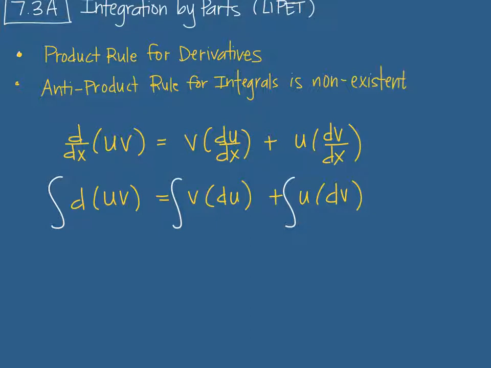And what do those two do to each other? They cancel out. So what am I left with? uv. The other side, I don't have that happen because only one of the parts has the differential on it, not both. So it stays the integral of v du plus the integral of u dv.